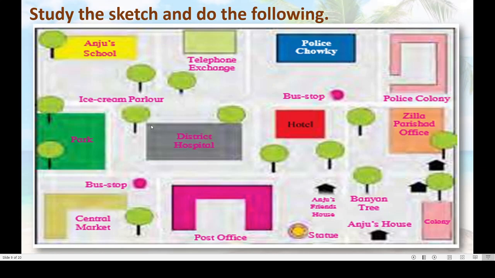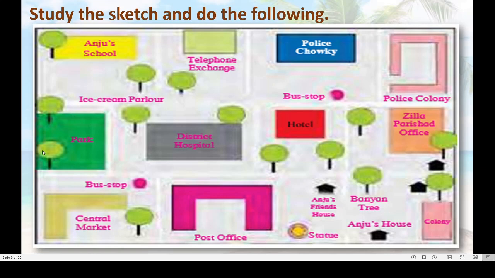Yes, very good. A picture means there are real pictures of a house, post office, trees, hotel, as we just went through, right? But in the sketch, we use symbols for each picture, each thing. See the trees. Can you see here? So many trees are there.